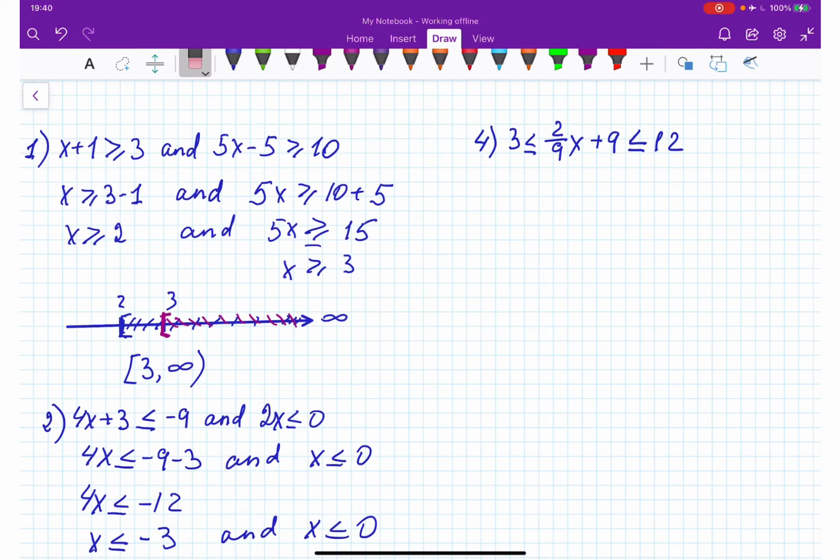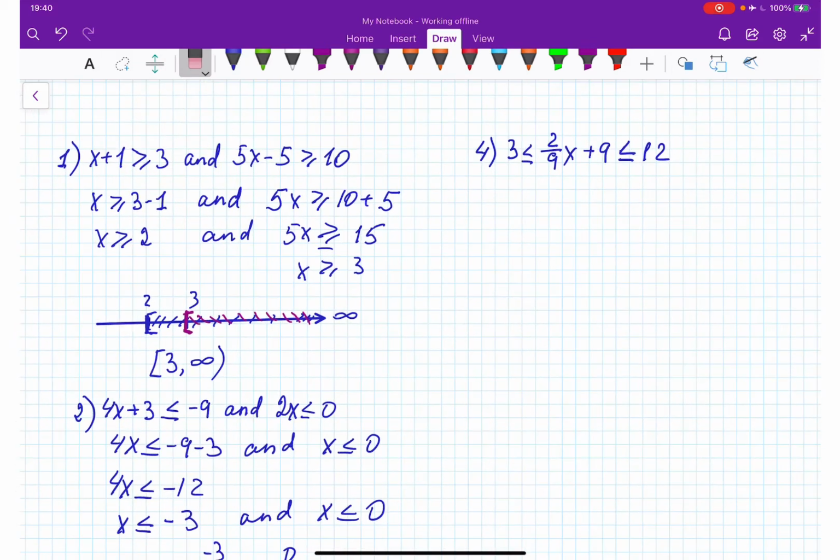This positive 9, whatever I do on one side, I'm doing on both sides. So it has to go both ways, because we have two inequalities, right? So it's going to be 3 minus 9 less or equal 2 over 9x and less or equal 12 minus 9.